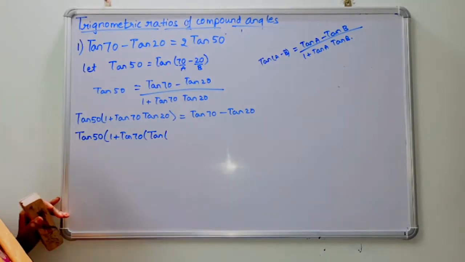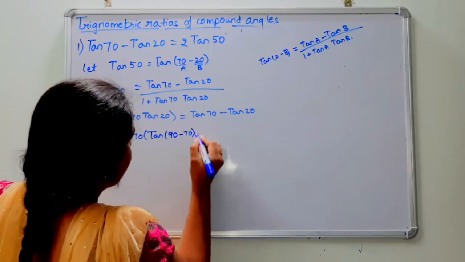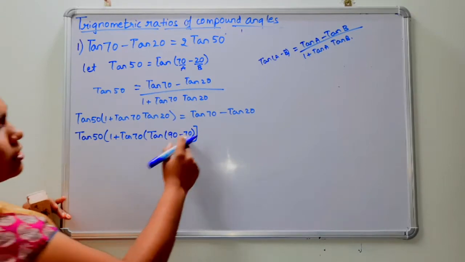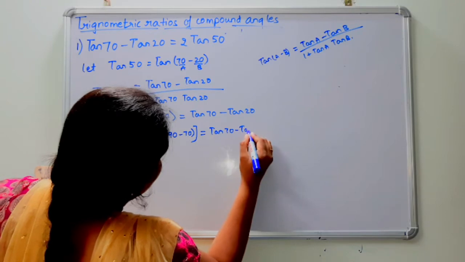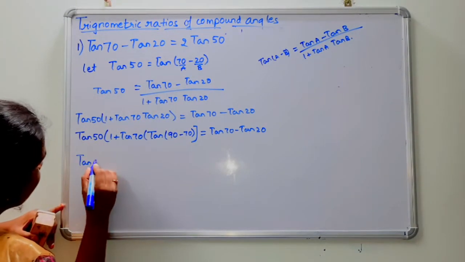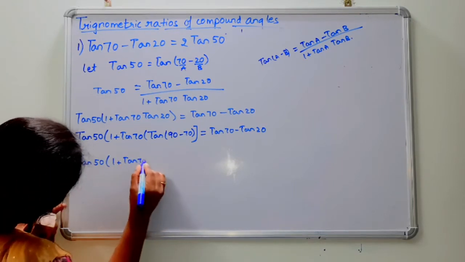We can write 20 as 90 minus 70. Am I right? We can write this 20 as 90 minus 70, that will be equal to tan 70 minus tan 20.